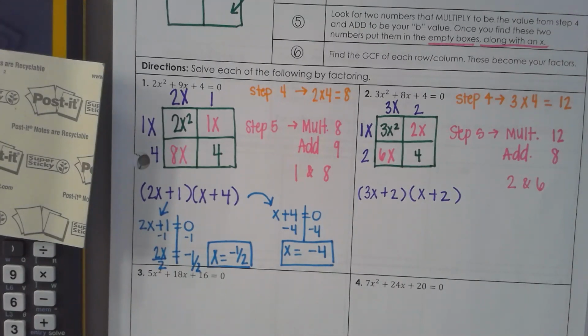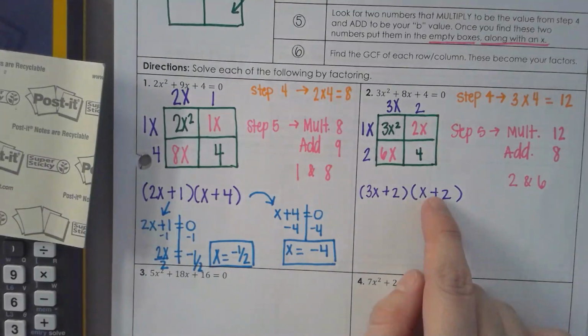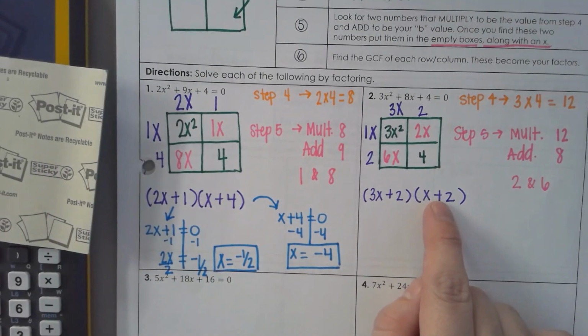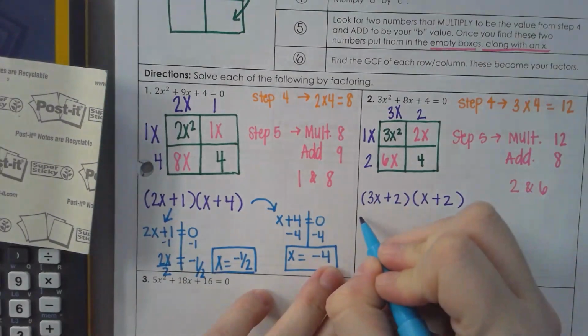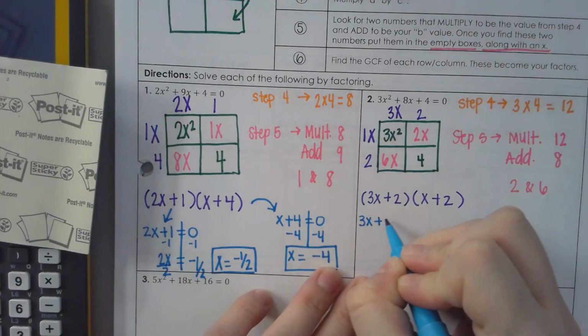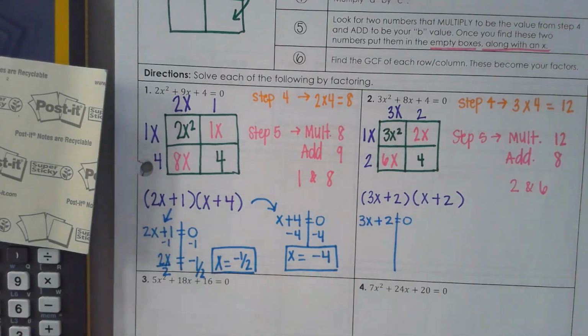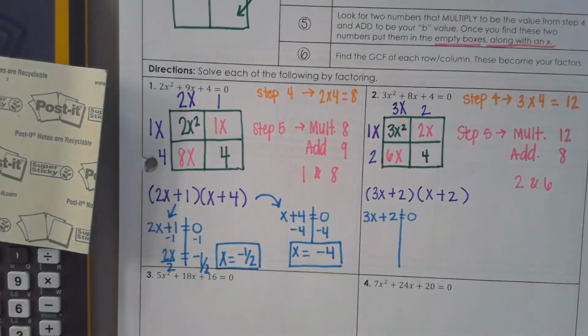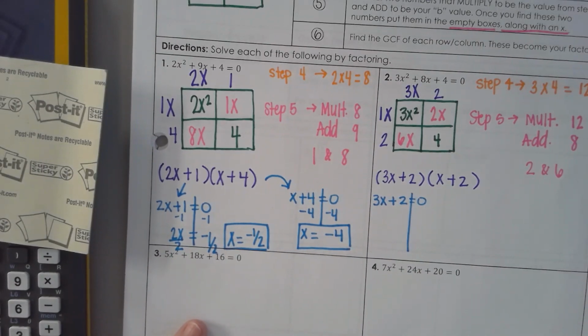Those are your factors. But I don't want you to stop at your factors. I want you to actually find the x-intercepts, which means that you set them both equal to 0. So 3x plus 2 equals 0.